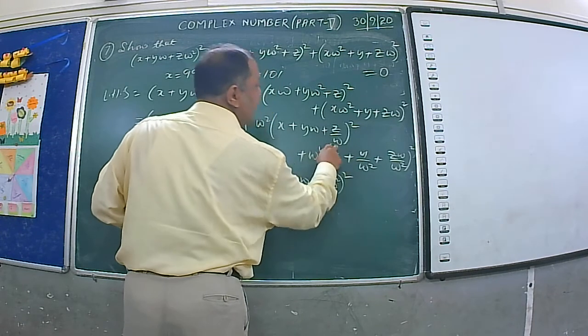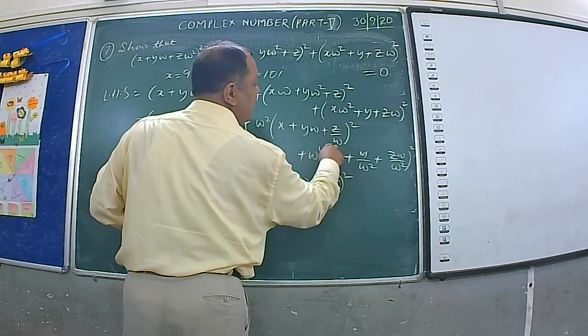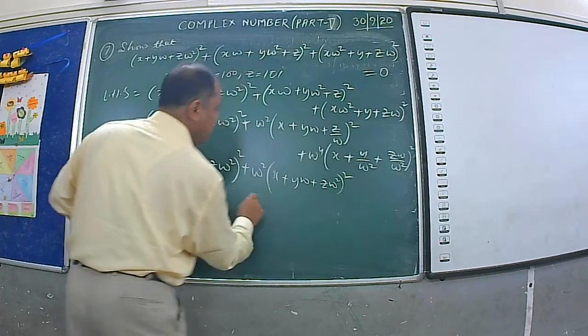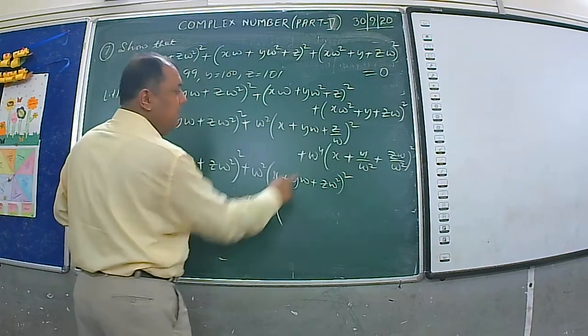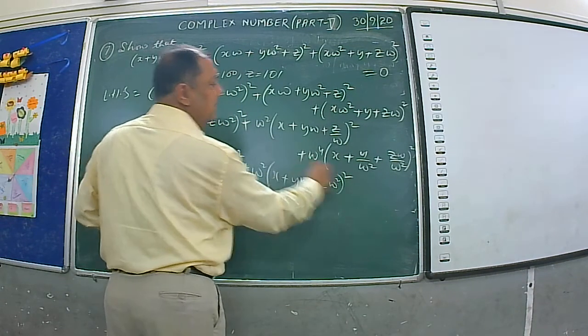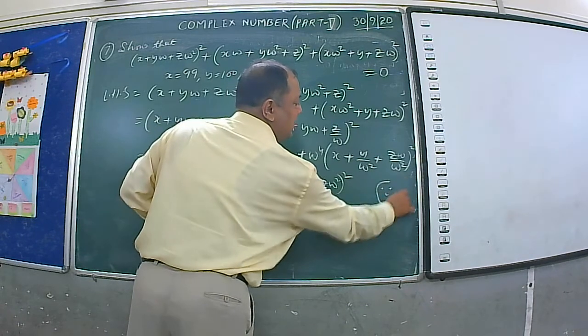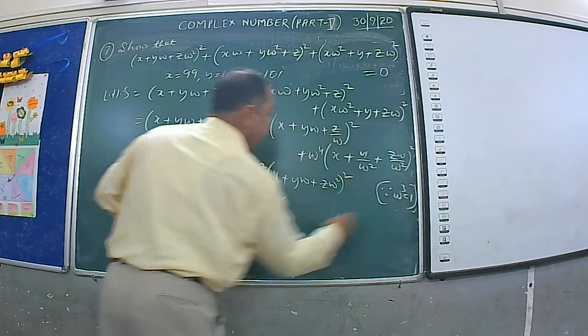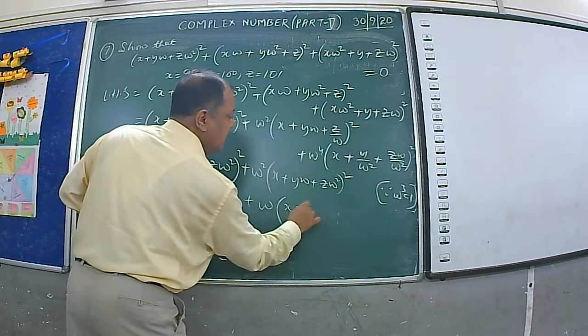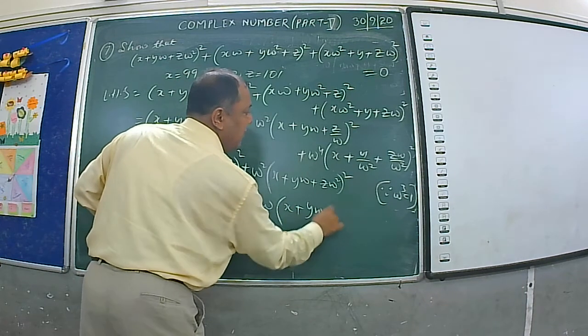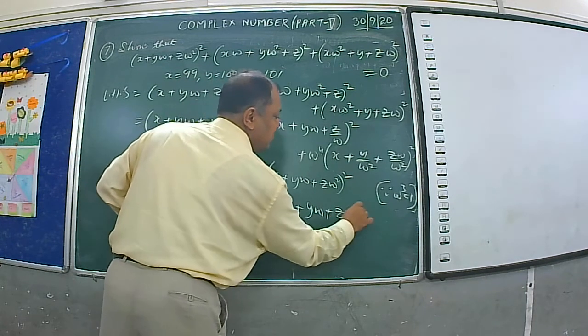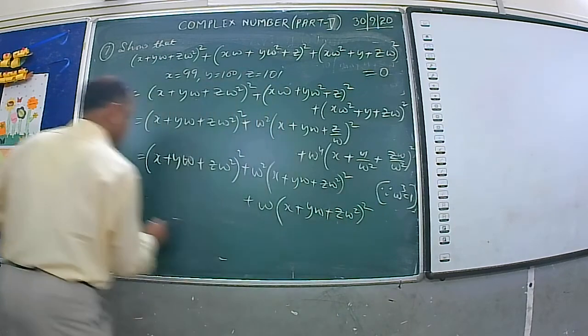I have multiplied omega square to the numerator and denominator, which gives 1 plus omega, because omega cube is 1. Since omega cube is 1, the next part is x plus y omega plus z omega square whole square.